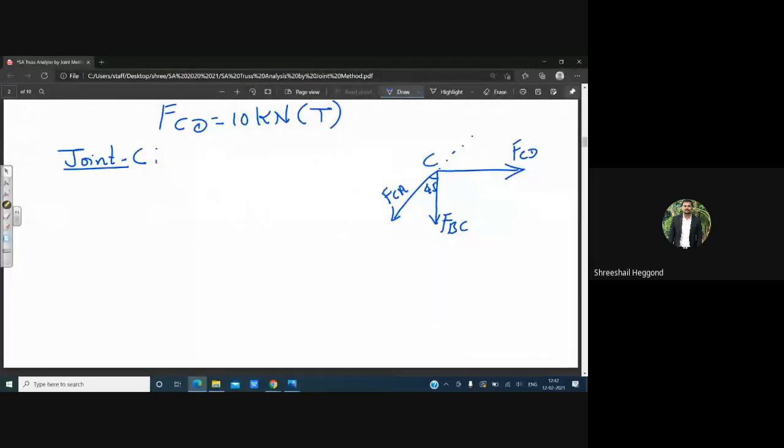Therefore, summation of Fx and summation of Fy you can write for this joint. First I will be doing summation of Fx. Summation of Fx is equal to 0, and that can be given as FCD is in the positive direction, that is towards right. Therefore, I can write FCD positive.